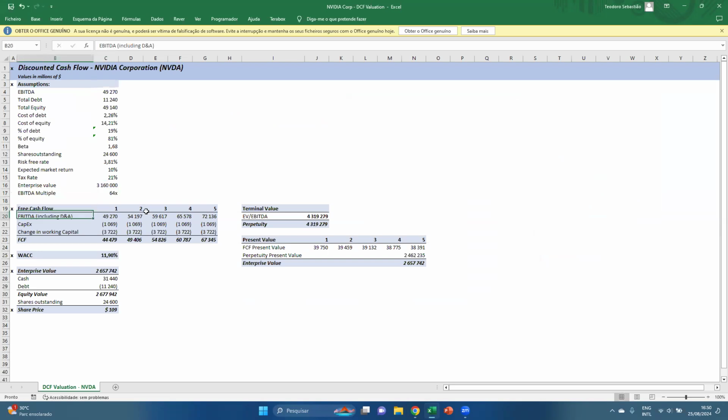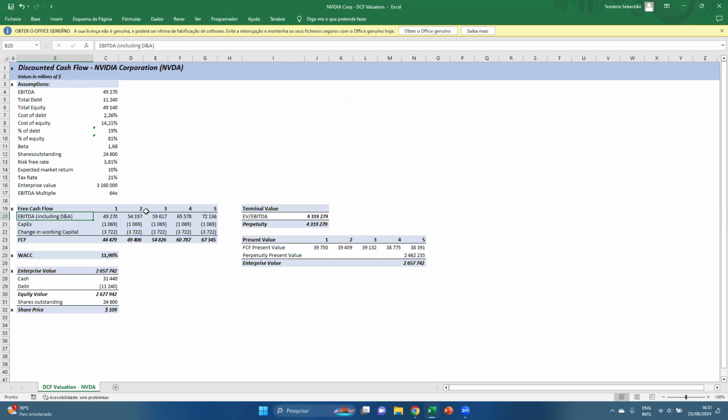So then we can do the free cash flow. Normally we are going to first have the EBIT, that is the earnings before interest and taxes, and then you are going to have the depreciation and amortization.